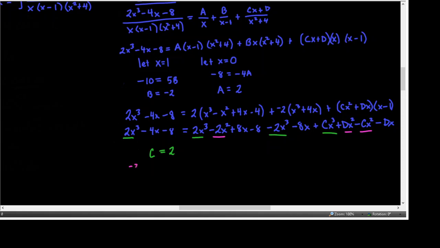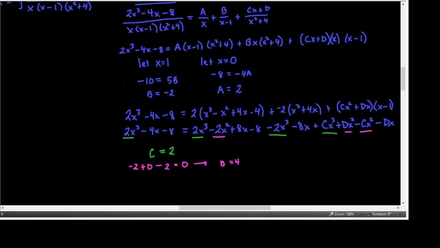So negative 2 plus d minus c. Oh, but I don't need to write c because I already know that c is 2, so instead of writing minus c, I'm going to write minus 2 has to equal 0. And that means we can solve for d. D is 4.